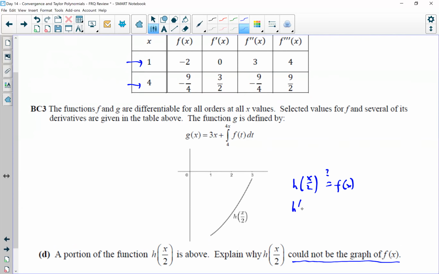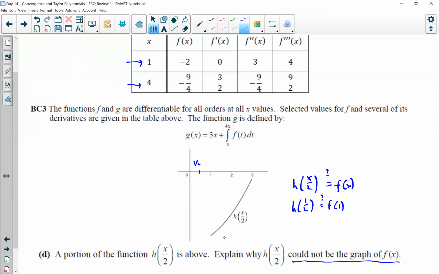If x is 1, it becomes h of 1/2, which should equal f of 1. The problem with that is we don't even know what h of 1/2 is, because when x is 1/2 is over here. It should match up with f of 1, but I don't know what this graph of h of x over 2 is doing over here. So there's no way to know whether it does or does not.